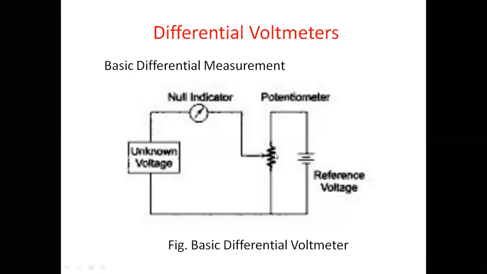We vary the reference voltage according to the unknown voltage, depending upon the null indicator value. When the indicator shows 0, both the unknown voltage and reference voltage are equal. So this is the basic measurement methodology used in differential voltmeters.